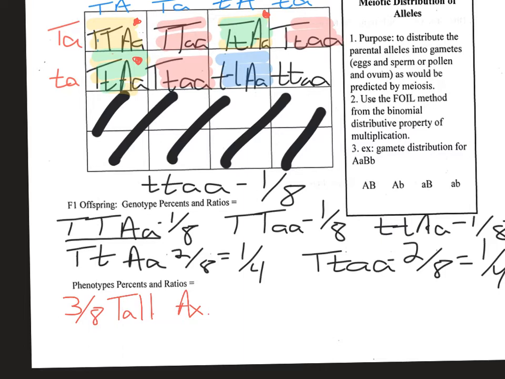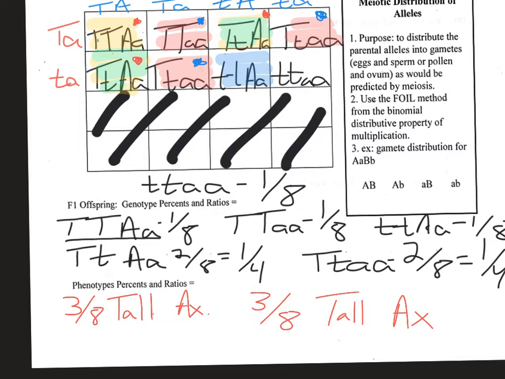How many of these are tall with terminal flowers? So let's count them. This is big T, so it's tall, little a, little a, so it's terminal. Here's tall and terminal. Here's tall and terminal. How many do we have? 3 out of 8. Finally, how many are short?